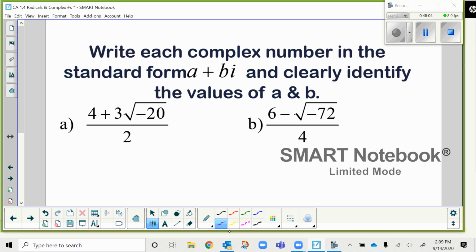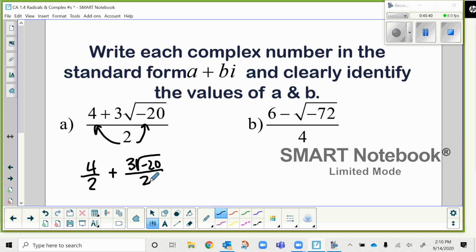This is the very first step when the problems look like this. You have to separate it into two fractions by distributing the denominator to the terms on top. So what that looks like in the first one is 4 over 2, and then plus, completely broken apart and separate from this next fraction, the other term over 2.